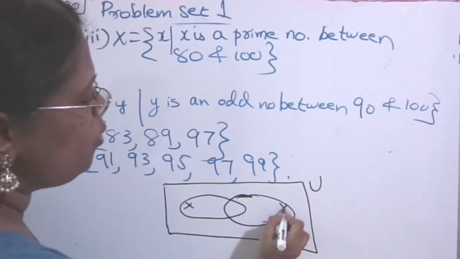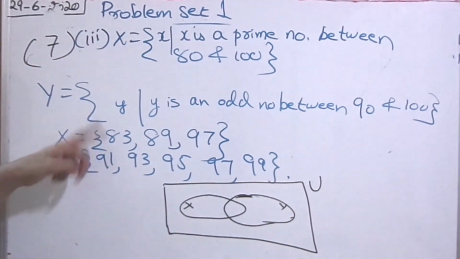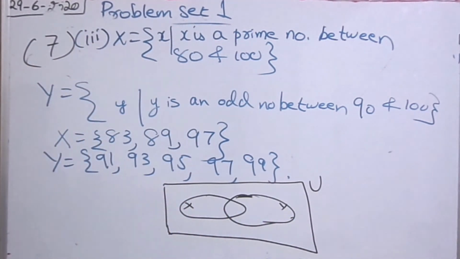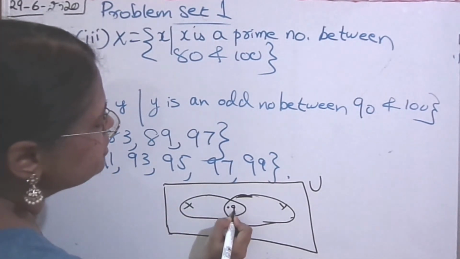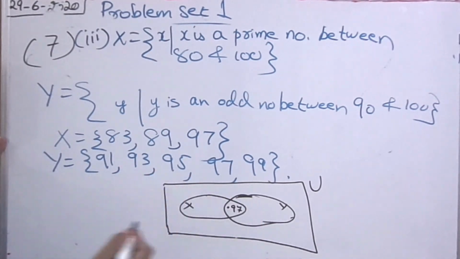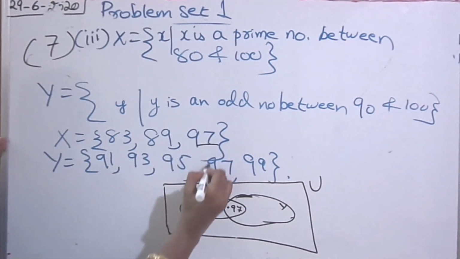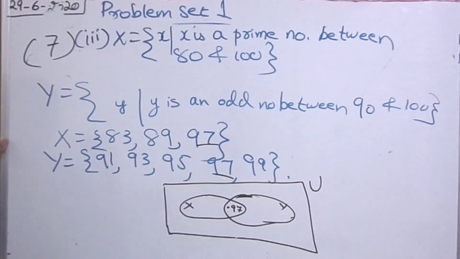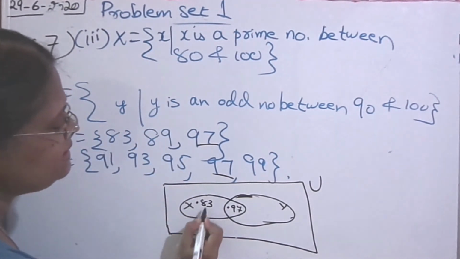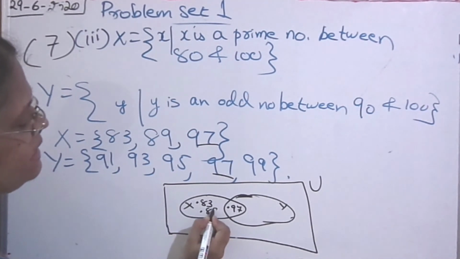X, Y. What is common in both? 97. So 97 can be written here in the overlap part which contains for both. Anything else? No. So now here this contains two more, 83 and 89.